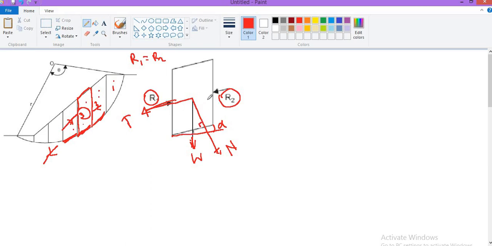If we take trigonometry, this angle is alpha, and this becomes 90 minus alpha. So we can conclude that N is W cos alpha and T is W sin alpha.